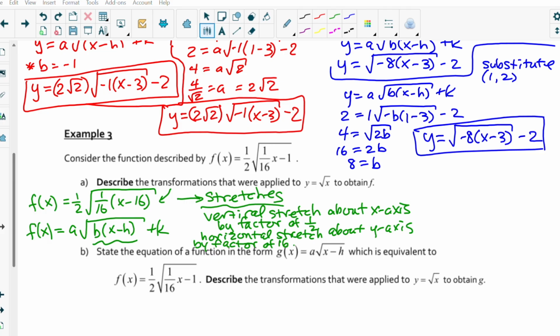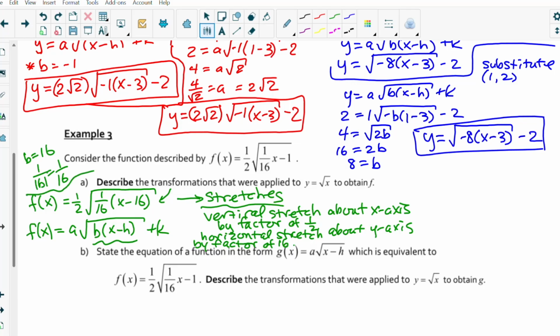Okay, off to the side, remember, 1/16. Because here I know if b equals 16, the factor is 1 over the absolute value of b, which is 1/16.